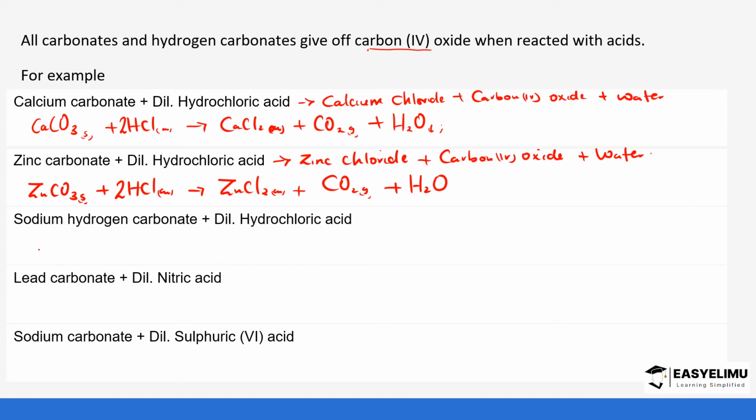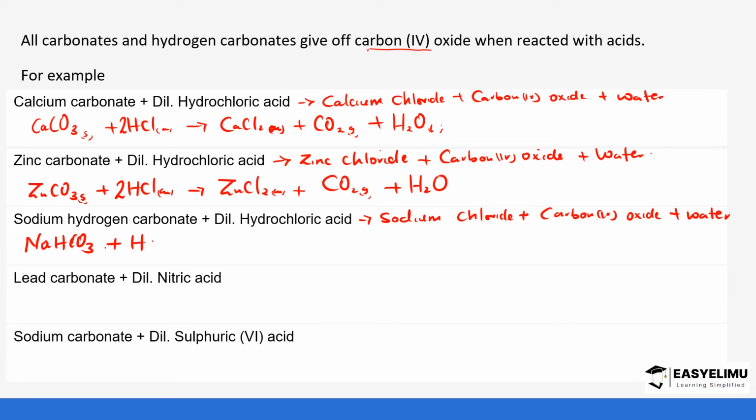And then when we look at hydrogen carbonates, they will form the same products. So when we have sodium hydrogen carbonate and react it with hydrochloric acid, we are going to form sodium chloride plus carbon dioxide plus water. Remember, both sodium and hydrogen carbonate have a valency of 1.